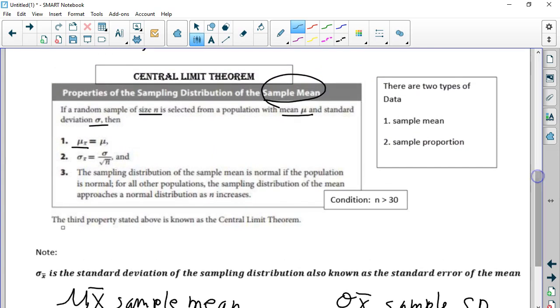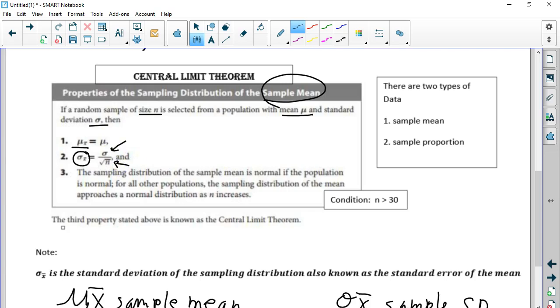Okay, so back up here. Number one, the sample mean is equal to the population mean. And the sample standard deviation is equal to our population standard deviation divided by the square root of our n.